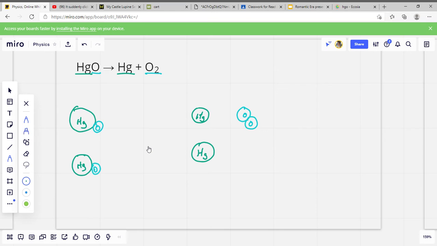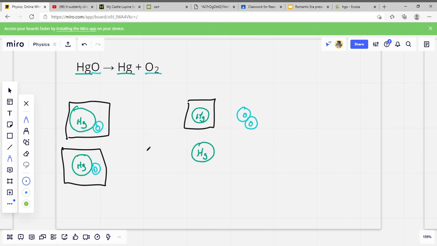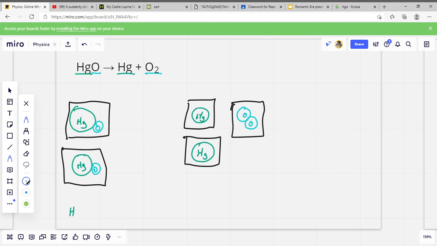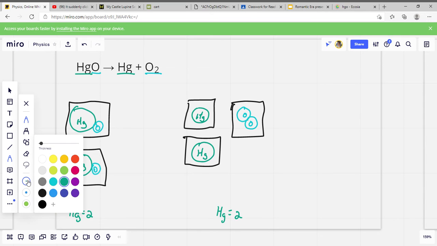All right, now let's box each one. So this was our, whatever that was. Okay, and then we end up with a mercury by itself, another mercury by itself, and an O2. So we can check and make sure we're balanced. Our Hg equals 2 over here, and Hg equals 2 over here, so that's balanced.